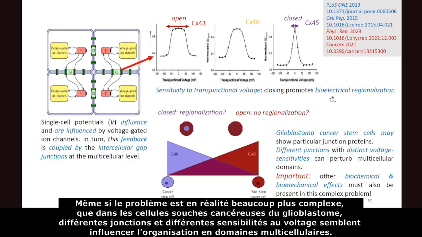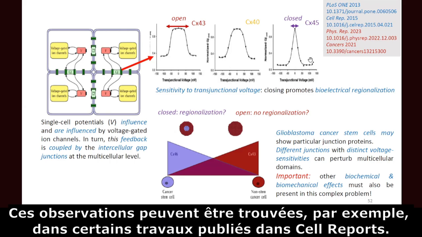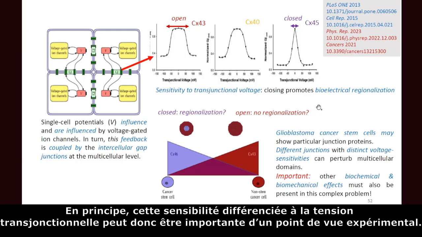It's interesting to note, although the problem is far more complex, that in glioblastoma cancer stem cells, different junctions and different voltage sensitivities seem to influence multicellular domains. This can be found in this Cell Reports work, for instance. In principle, this different sensitivity to transitional voltage can be important from an experimental point of view.